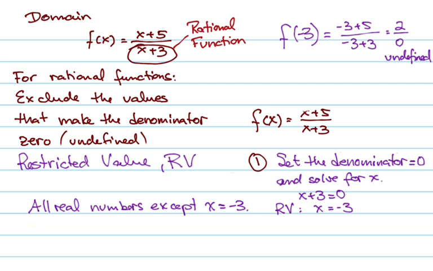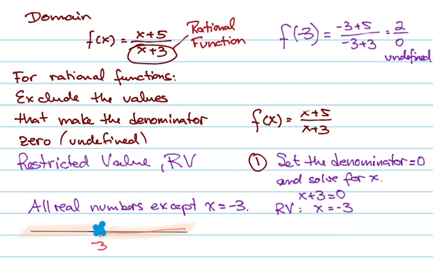Well, we're getting ready for college algebra or whatever other math class you take, and even if you take MGF 2106, you still may have to find a domain here and there, and that would mean you have to write it in interval notation. So interval notation, if I just show you on the number line, negative 3 is bad, but everything to the left is good, and everything to the right is good.